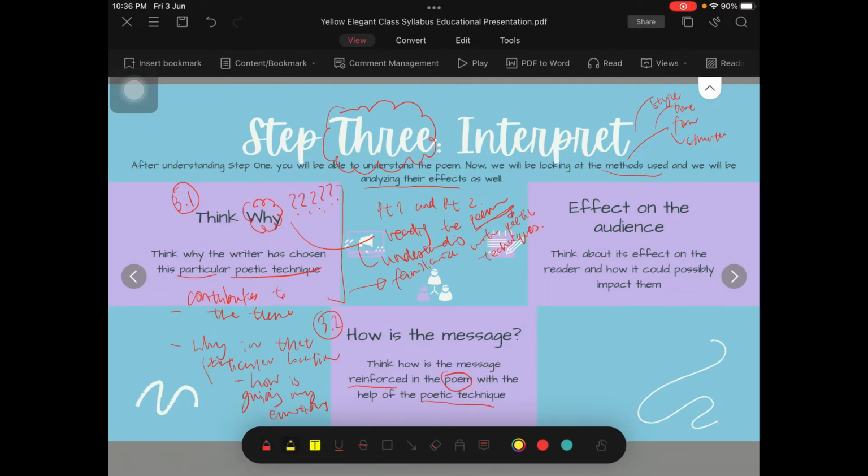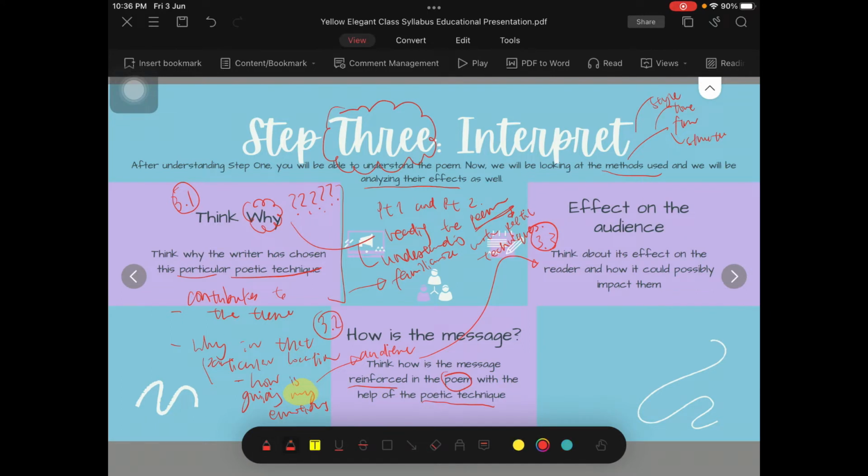When you think about your own personal emotions, it's generally about the audience's emotions. This will help you bring out 3.3, which is the effect on the audience. It will make you understand how it creates an effect on the reader, whether positive or negative, and how it makes you understand the theme of the poem.